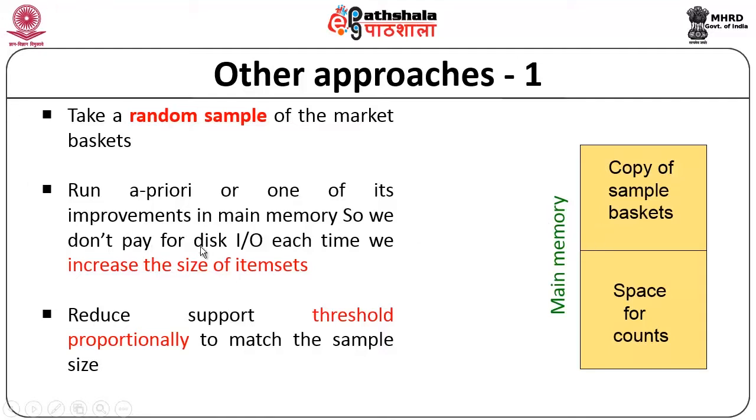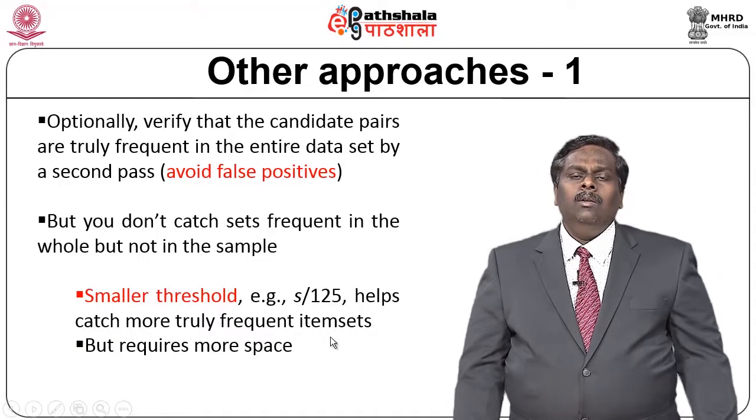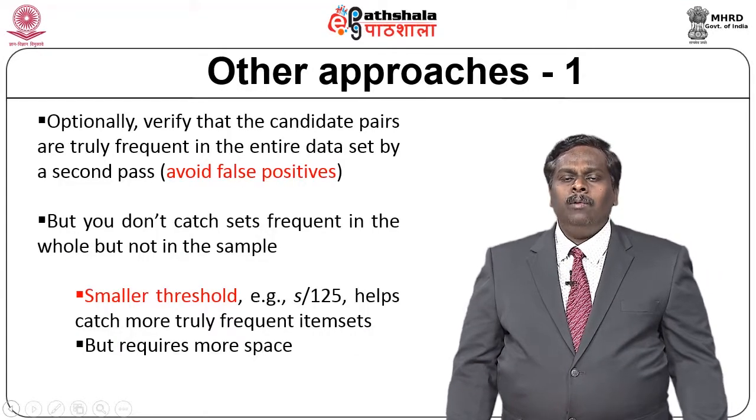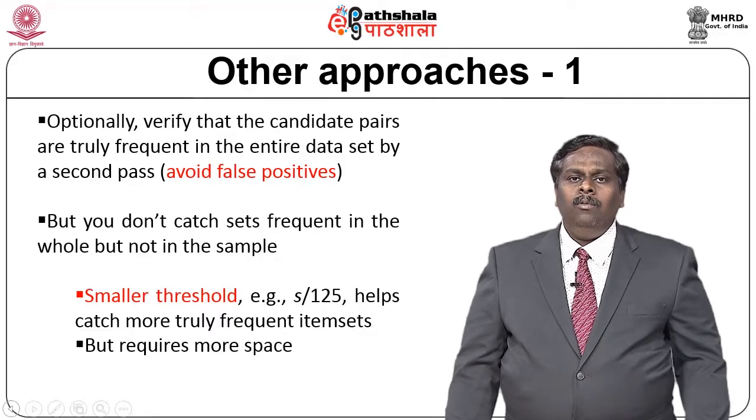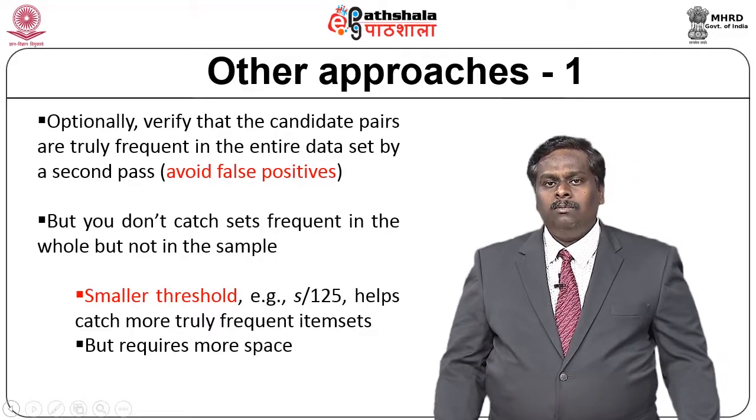So, to identify more frequent item pairs, you will have to reduce the support or the threshold factor. When you reduce the support threshold proportionately, you will end up with matching sample sizes. Here, one important drawback is that you may once again end up with a false positive, but this can be avoided only during phase 2, that is pass 2.